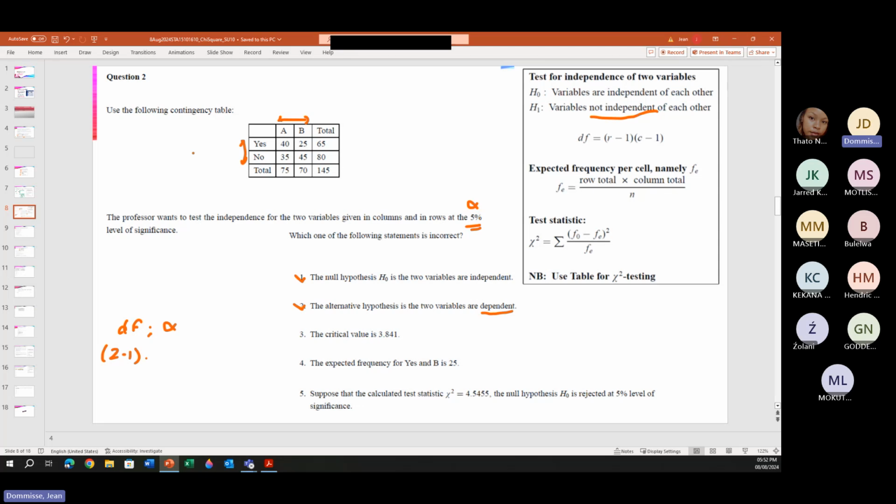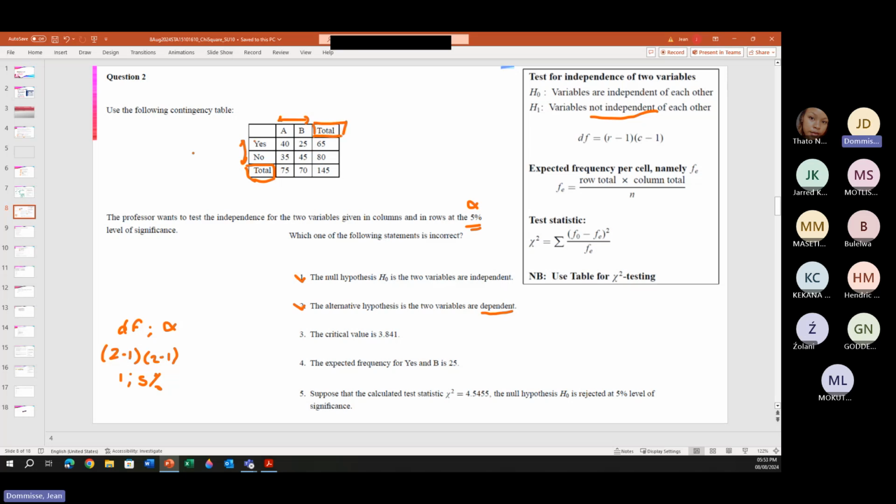And A and B means 2 minus 1. So then we're looking at the degrees of freedom of 1, alpha of 5%. Very important here when we look at the degrees of freedom, never add the total as part of the rows or columns.